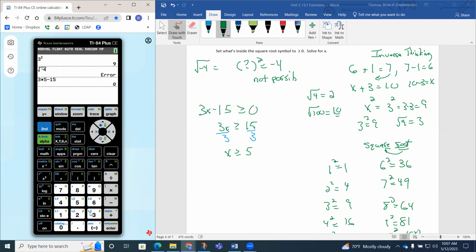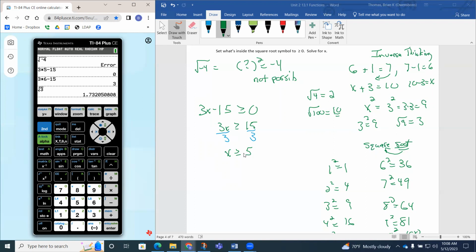If you pick 6, 3 times 6 minus 15 gives me a 3, and we can take the square root of 3. It would just be a decimal value. Sometimes we'll have to rely on the calculator to get our decimal answers. Back in my day, we used tables.